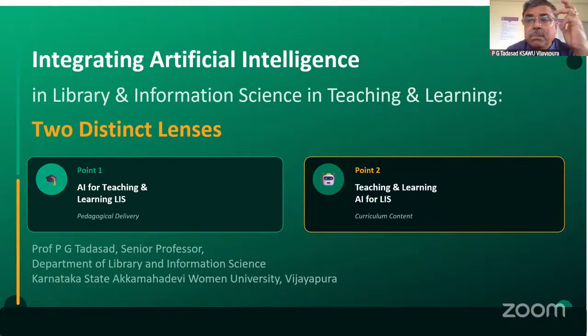where at least some decisions used to be taken by the brain. That kind of activities only we made amenable to the AI. There are many packages available online. I mean, there are many AI tools available which can help us in the process of collection development.